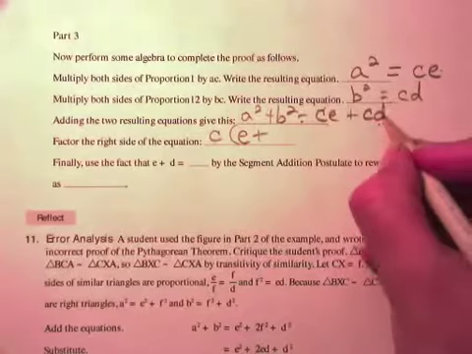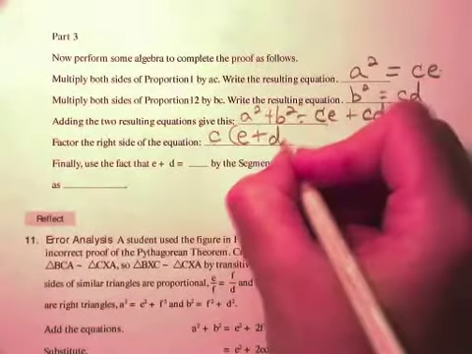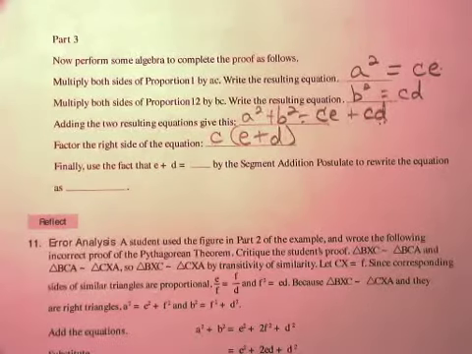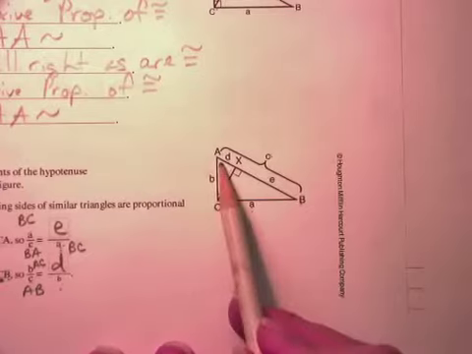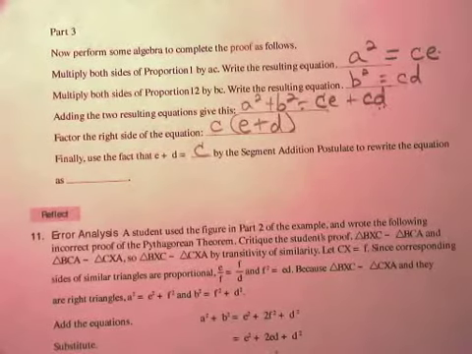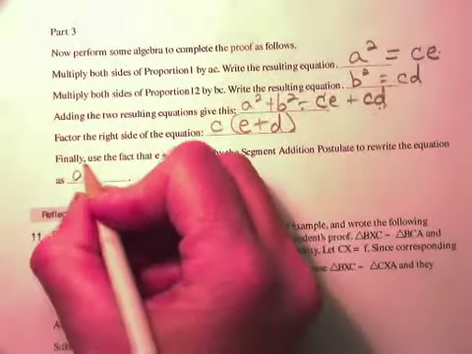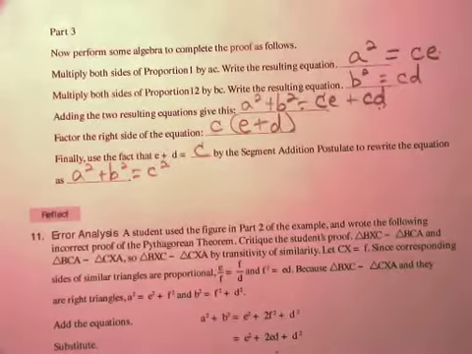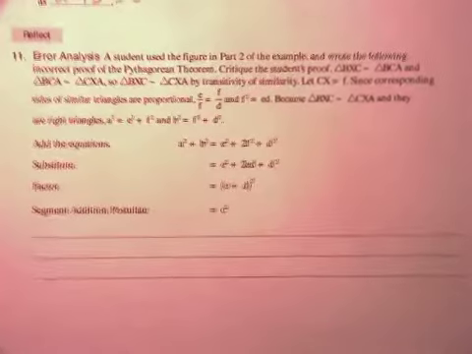So CE divided by C is E, plus CD divided by C is D. And I'm going to use the fact that E plus D equals, well, let's look at the diagram again. E plus D equals C by segment addition. And I'm going to rewrite the equation as A squared plus B squared equals C squared.